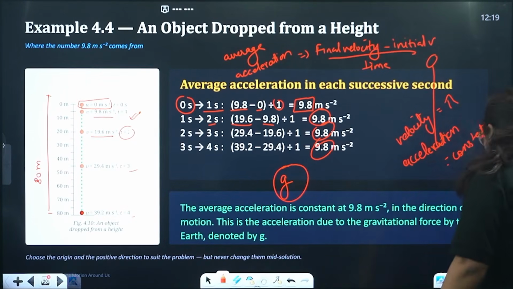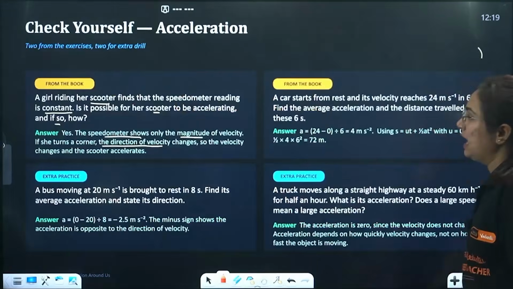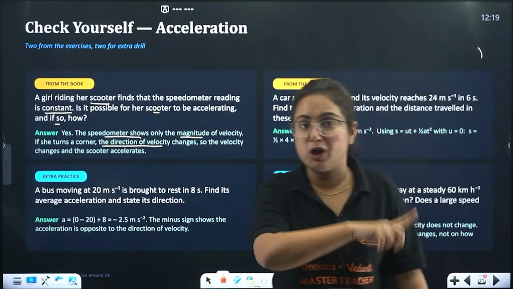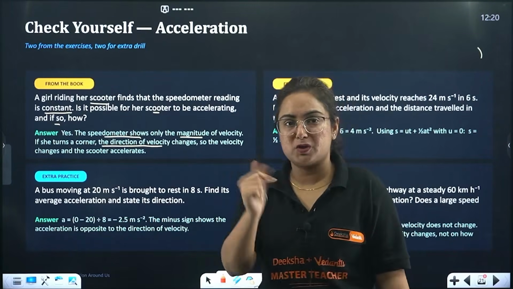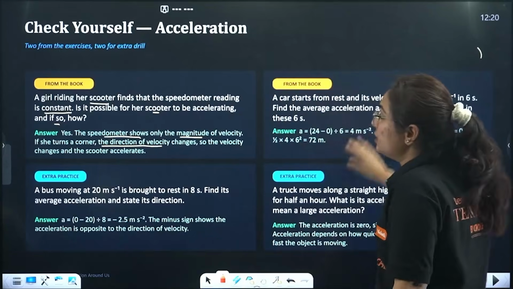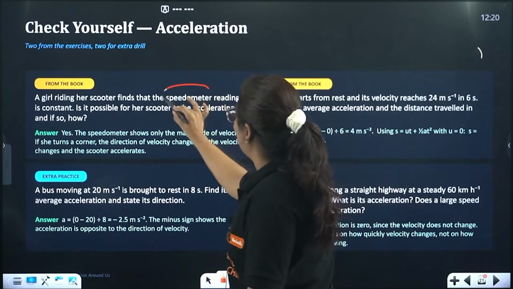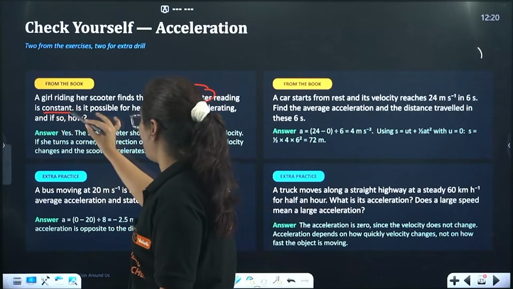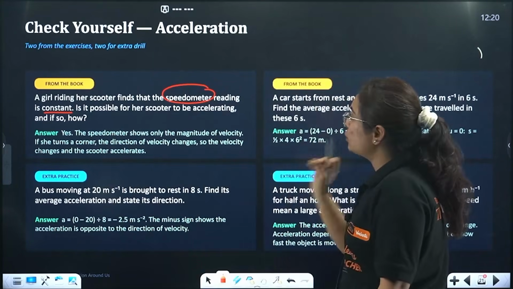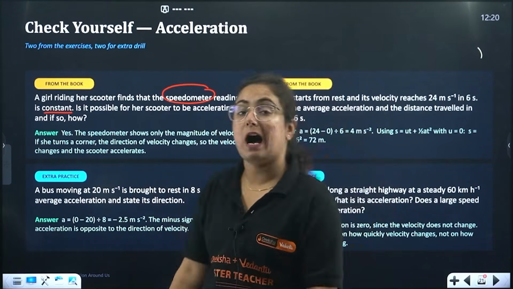Okay, great. Now we are moving to the next topic. Again, these are numericals which are given in your book, which we will practice fatafat. A girl riding her scooty finds that the speedometer reading is constant. Is it possible for her scooter to be accelerating, and if so, how?